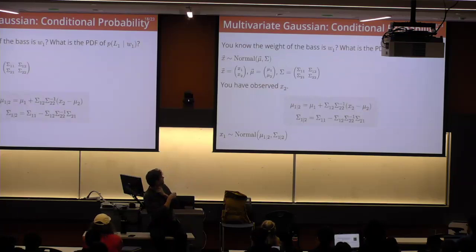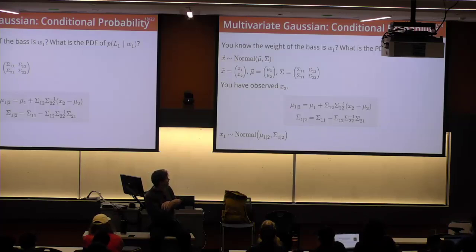If we think of x as being a vector that's normally distributed around some mean with some covariance matrix, and we break that up into two parts, the part that we want to know the distribution of and the part that we already know, then mu has these two parts, sigma has these four sub-matrices, and then we can just do the calculation. Here is the mu for this conditional probability distribution, and here is the covariance matrix. It just follows this formula, and then you know the value.